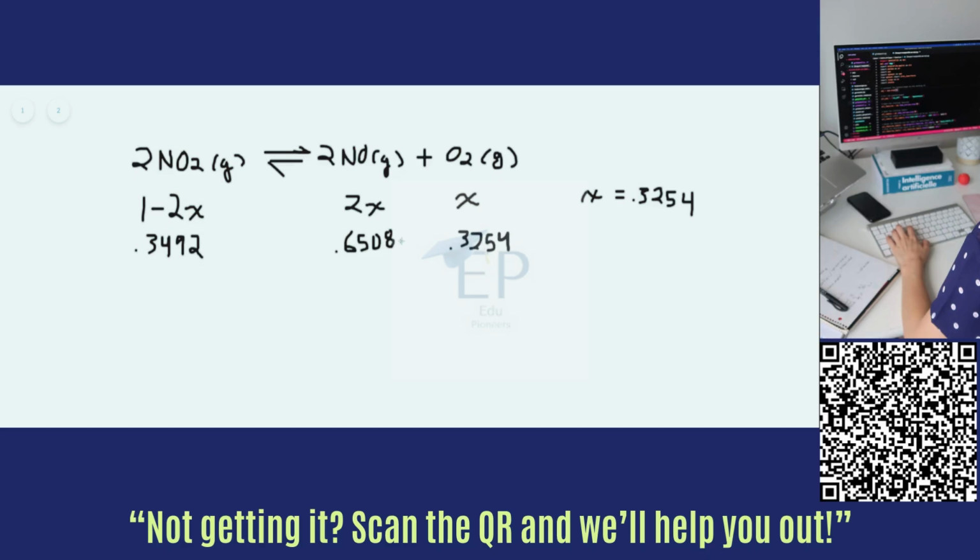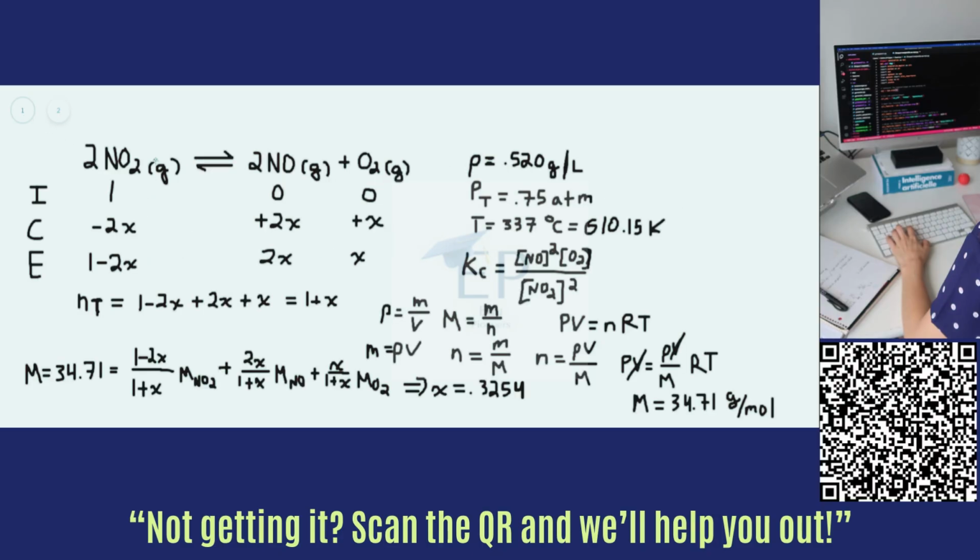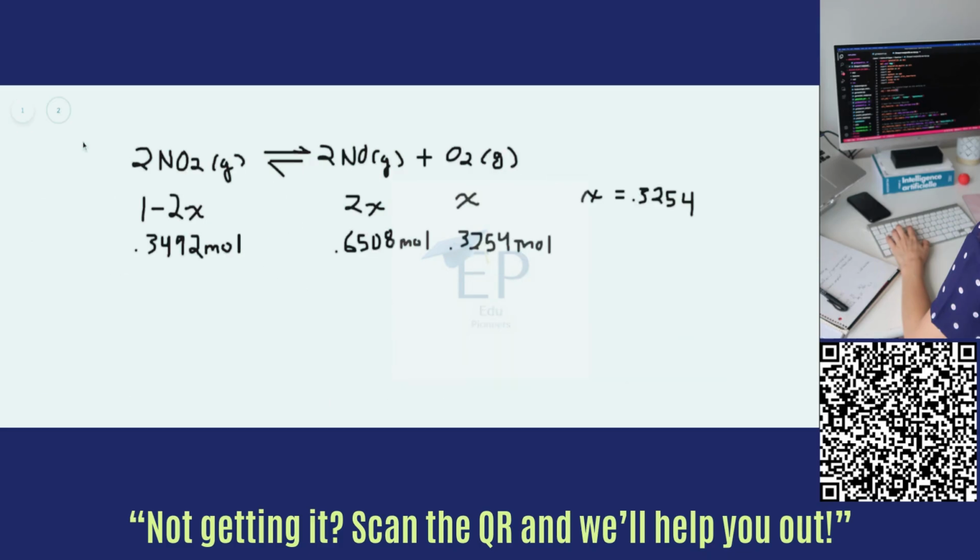Again, this is moles of each of these gases. So again, from that long, drawn out derivation where I tried to get a value for x based on the molar mass, which I could calculate from all of these pieces, and this kind of weighted average of the molar masses of each of the gases, I was able to find the number of moles of each gas at equilibrium.